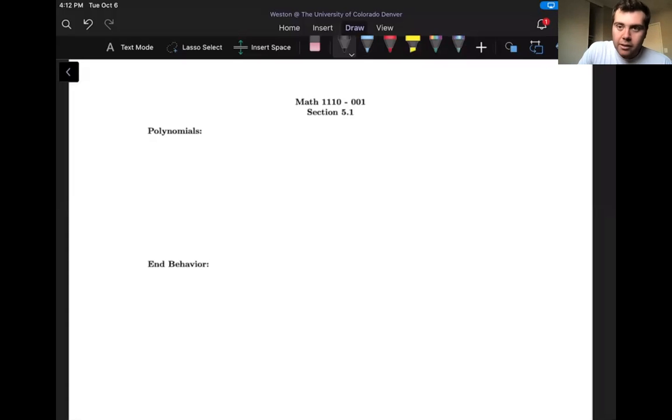So a polynomial is just like a linear function or a quadratic where it's made up of terms of x and powers of x added together. So a polynomial is just a function that looks like a_n x to the n plus a_(n-1) x to the n minus 1, all the way down to a_1 x to the first plus a_0.